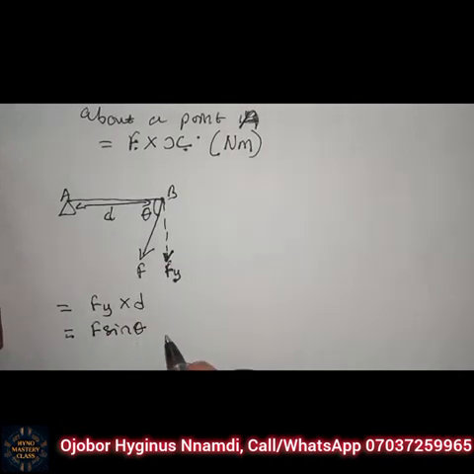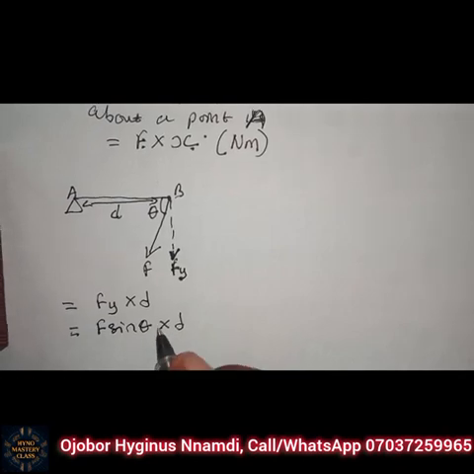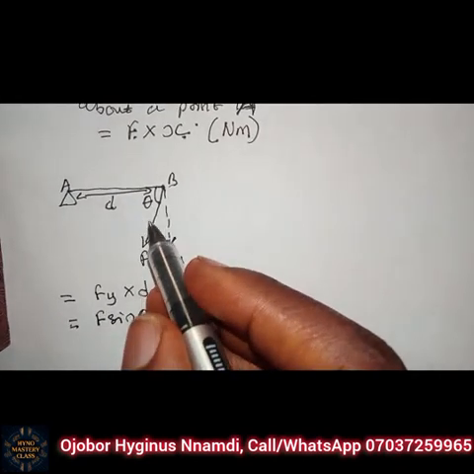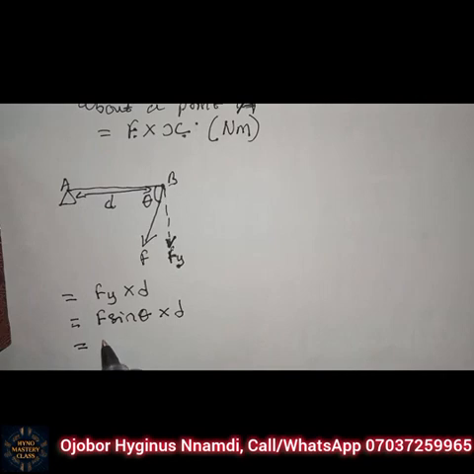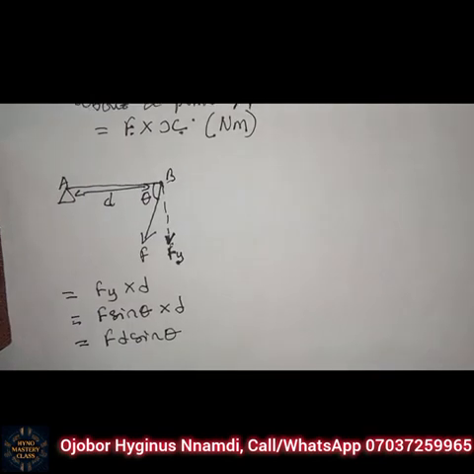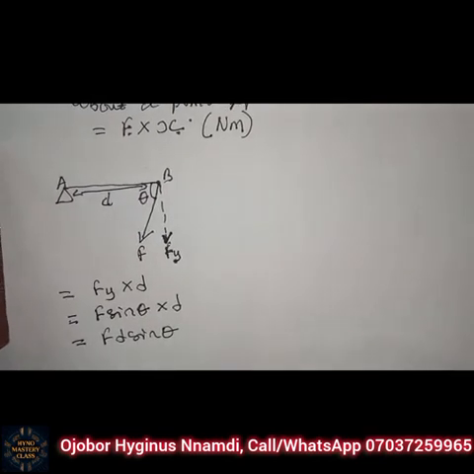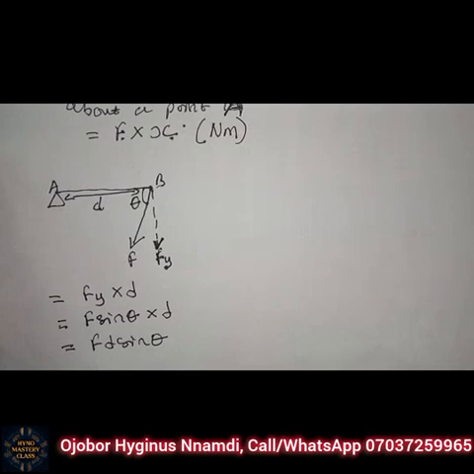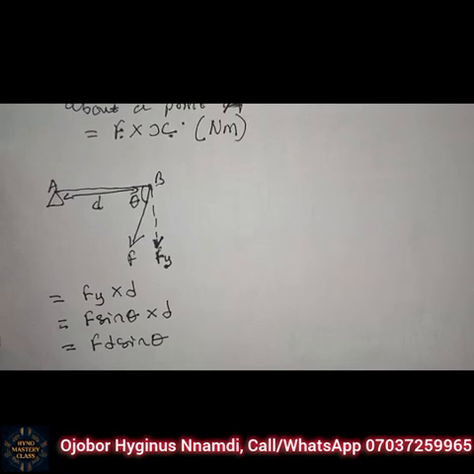So Fy is F sine theta, then times D. So the moment of this force inclined at an angle less than 90 degrees is equal to Fd sine theta. But if it is inclined at 90 degrees, or perpendicular, then the moment of the force is just Fd.